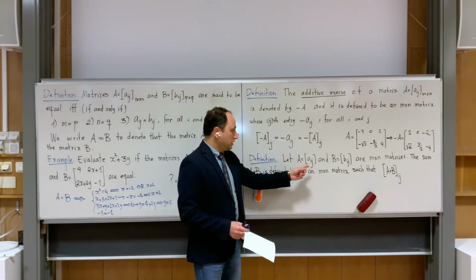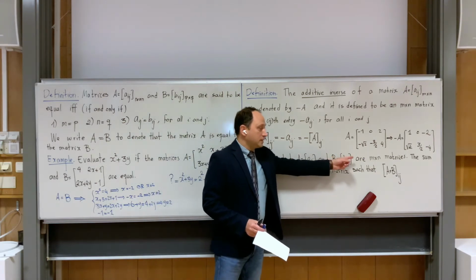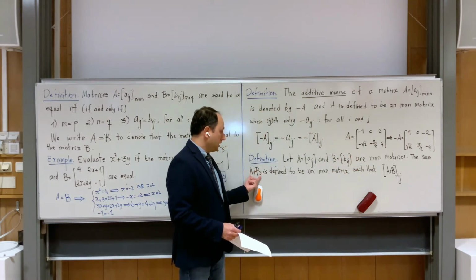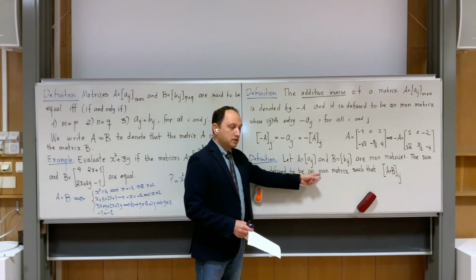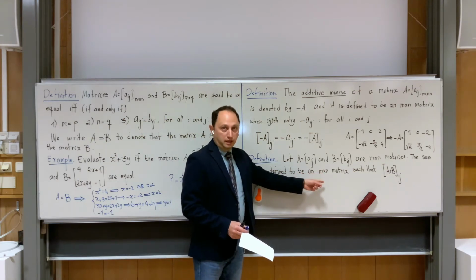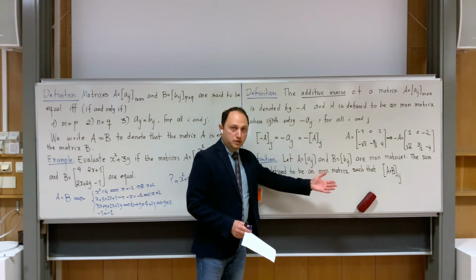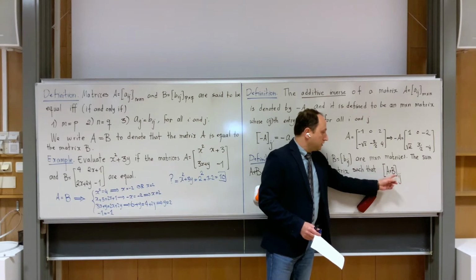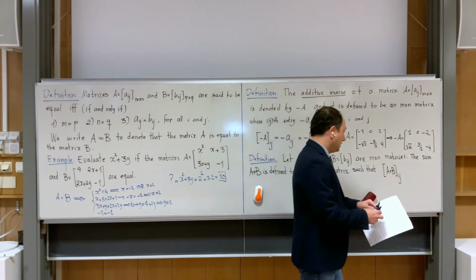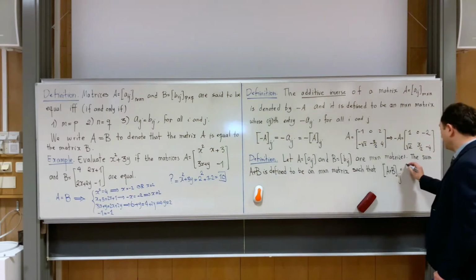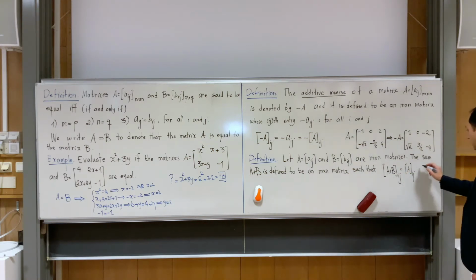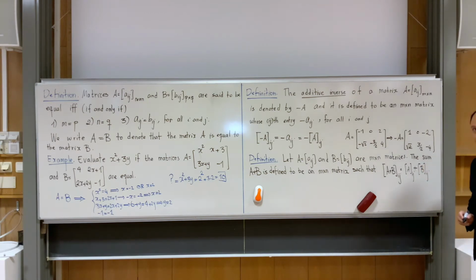So by definition, if you start with two matrices of the same dimension m by n, this sum is defined to be another matrix of the same order m by n. And now I need to introduce the entries. If you are interested in the ijth entry of this sum, what you need to do is very simple. Just find the ijth entry of matrix A, find the ijth entry of matrix B, and then add them.